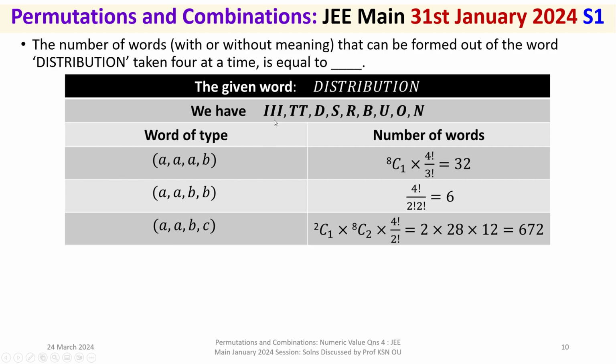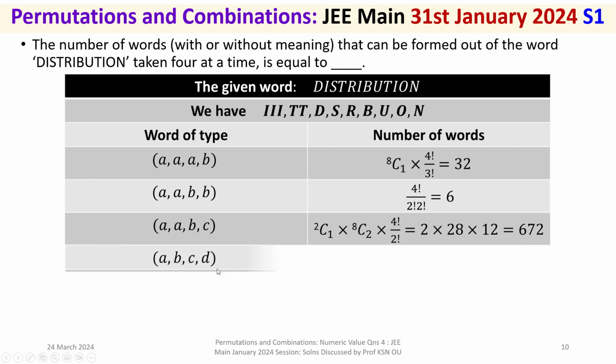AA can be II or AA can be TT. Out of these two ways, you take one AA, that is 2C1, multiplied by B, C chosen 2 out of 8 letters, that is 8C2. Now you have to understand here, suppose you take AA from one of them, the remaining is 8. So 2C1 into 8C2 into 4 factorial by 2 factorial. Simplify, and you will get 672.